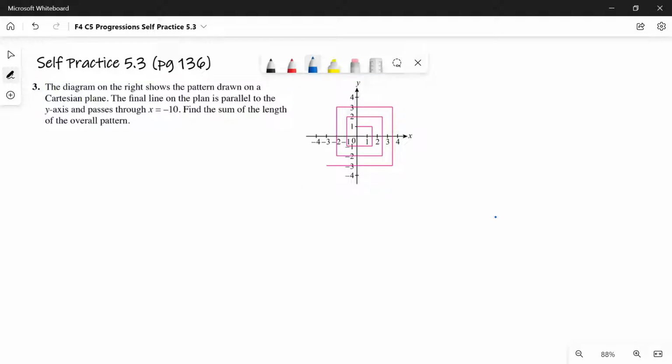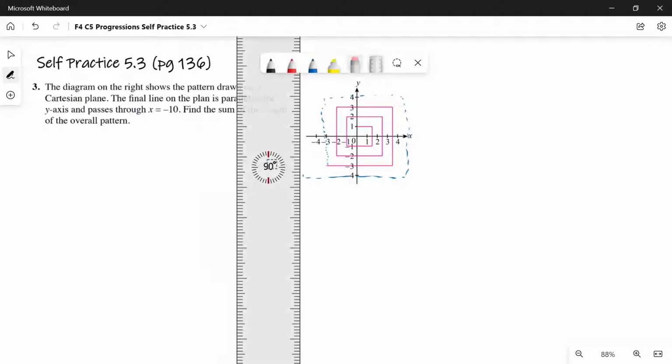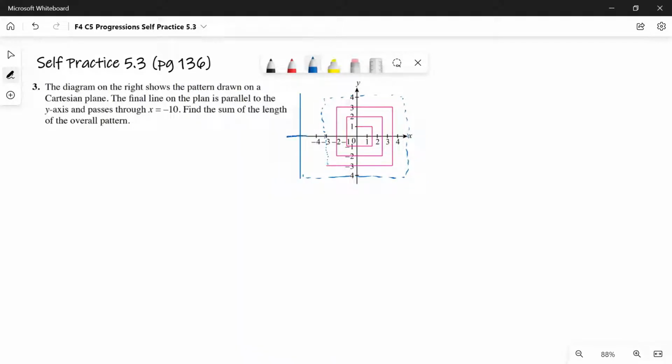You will notice that the question basically wants us to continue the spiral pattern until we reach the last line, when x equals -10.